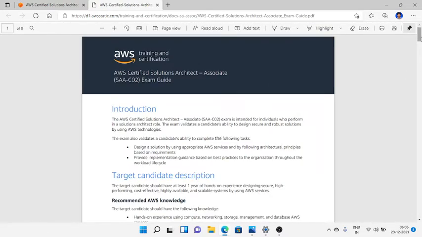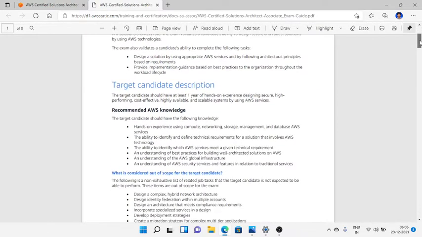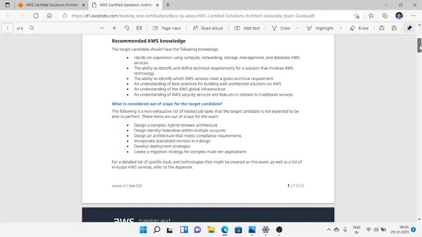So here, in the introduction, it recommends having hands-on experience using compute, networking, storage, management, databases and AWS services. You should have the ability to identify and define technical requirements for a solution that involves AWS technology, and to identify the AWS services which meet the technical requirements.